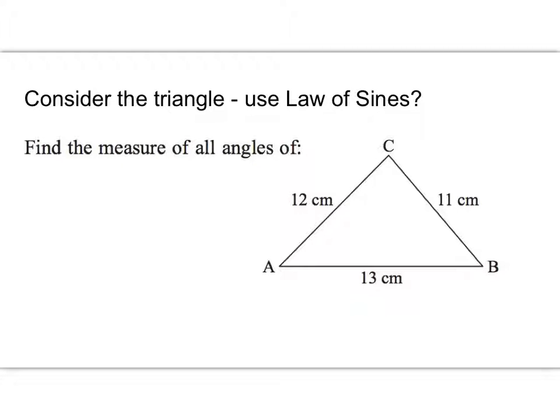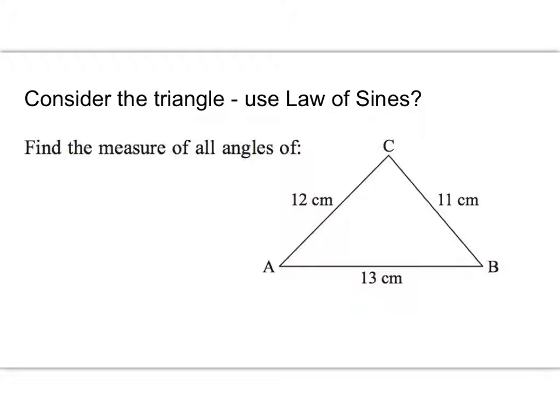Okay, so here's another triangle, triangle ABC. We want to find the measure of all the angles of triangle ABC. It's not a right triangle, so we can't use right triangle trig on this.